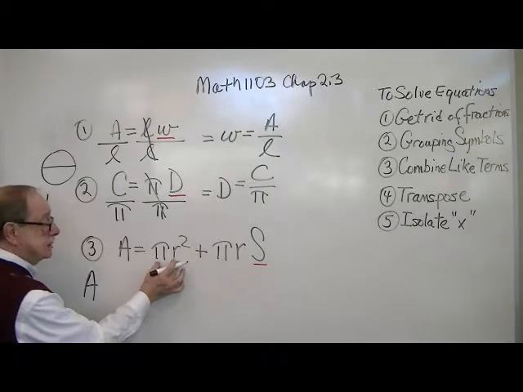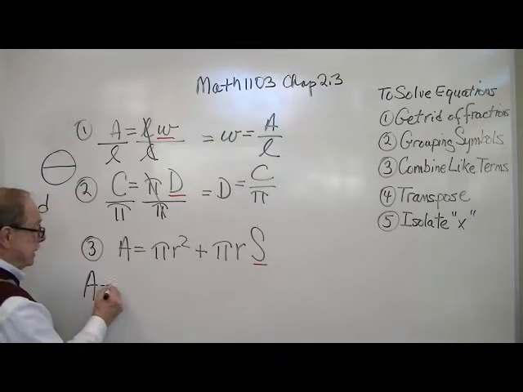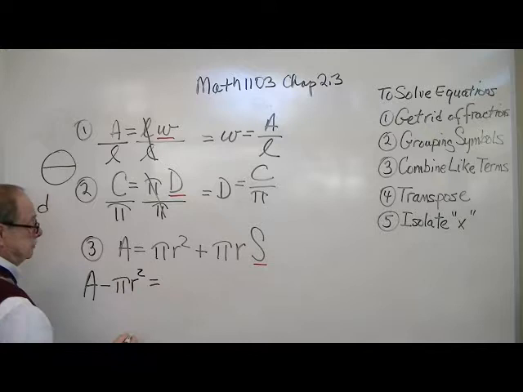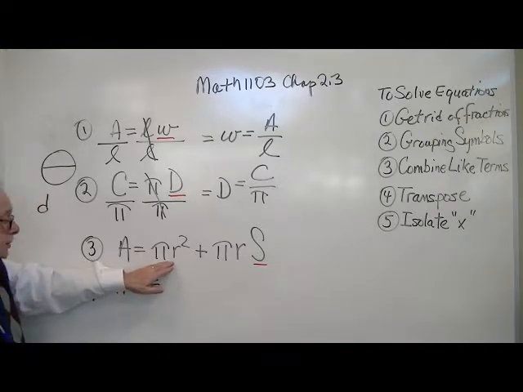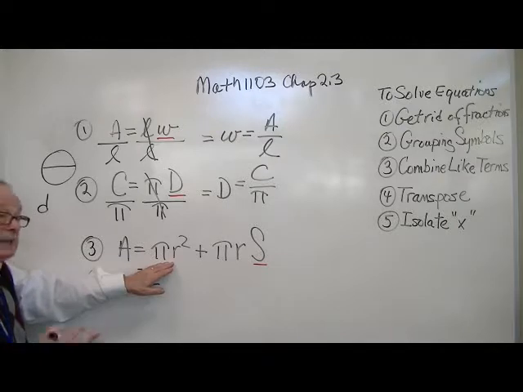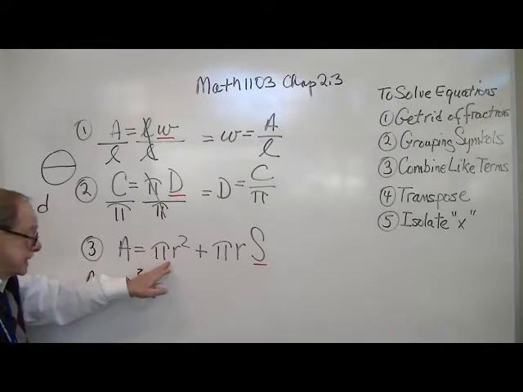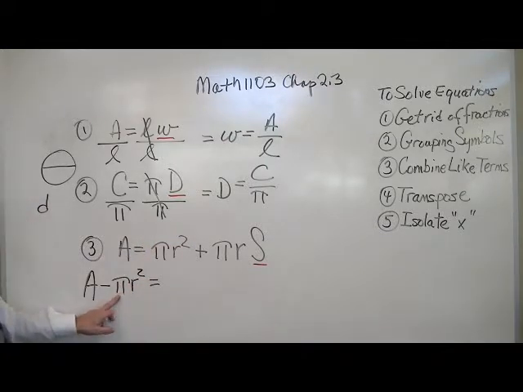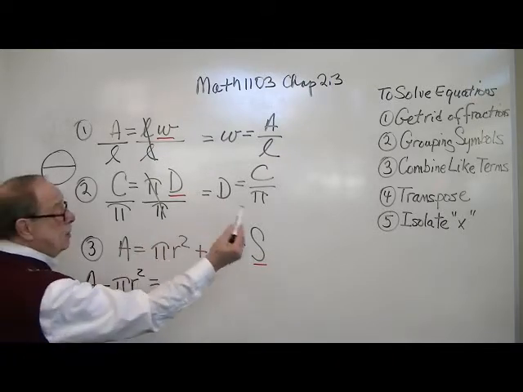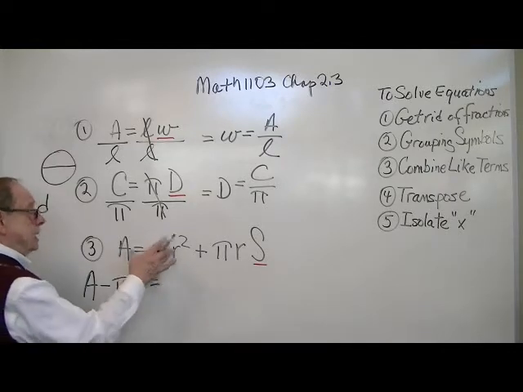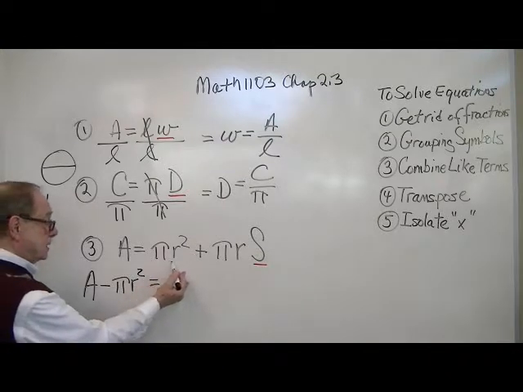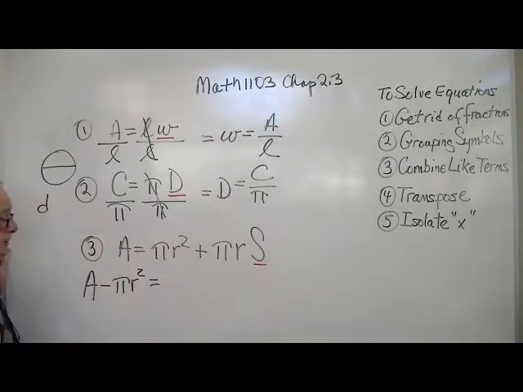On this side it's positive, so on this side it becomes negative. We are taking this term and in a sense adding its additive inverse, which is a negative this. So on this side it becomes 0, and on this side it becomes the negative pi r squared. Transposing is the same as adding the additive inverse, except it's just a little easier. Take a term from one side, bring it to the other, just change its sign.